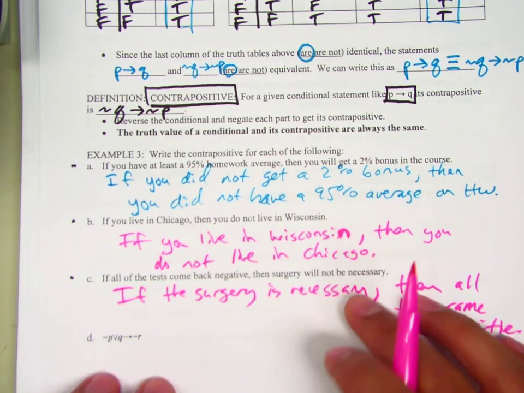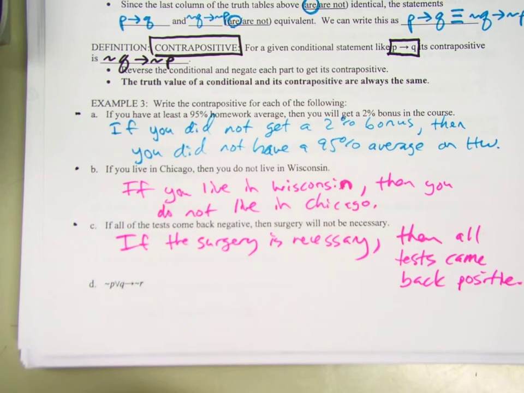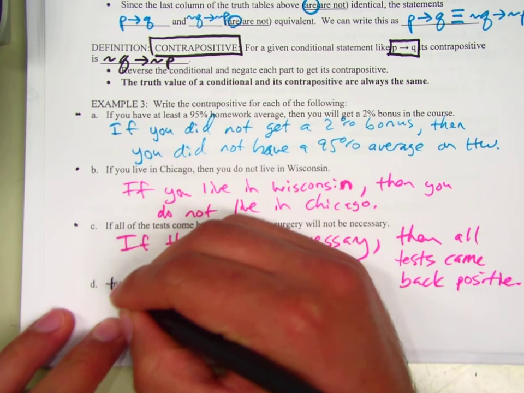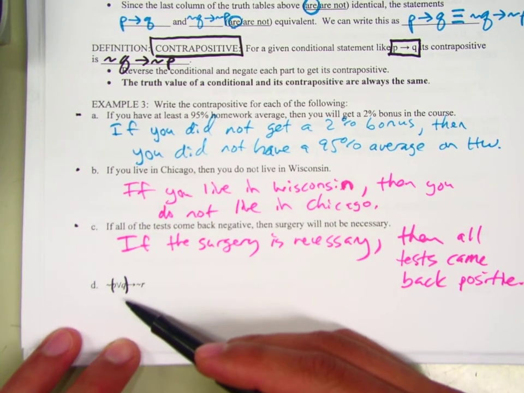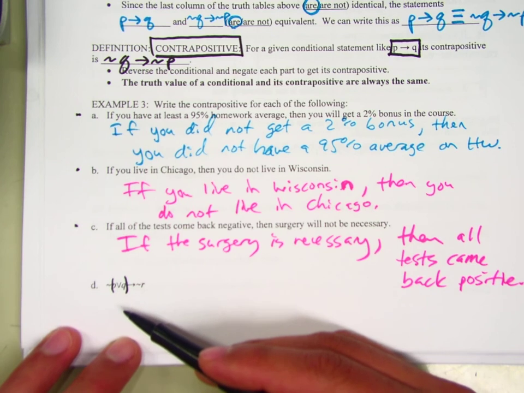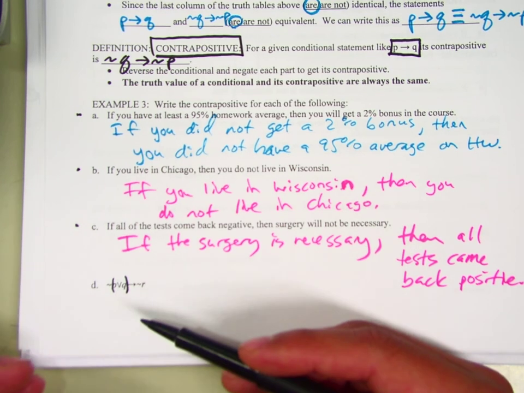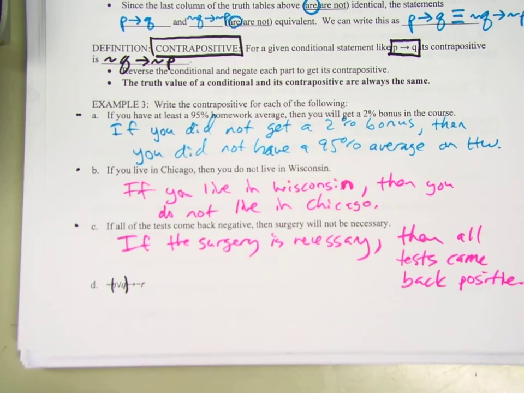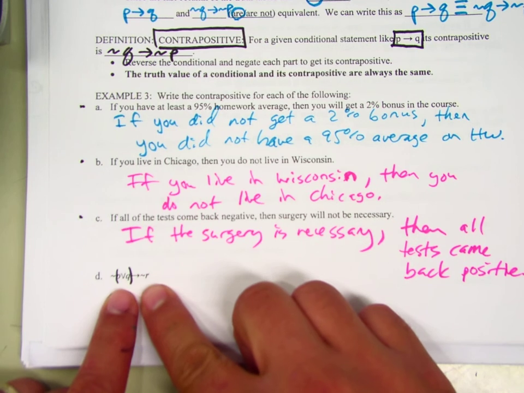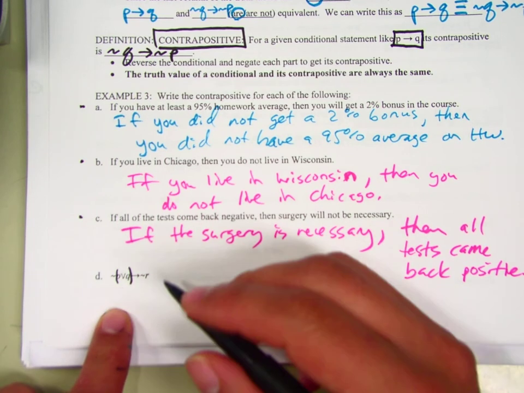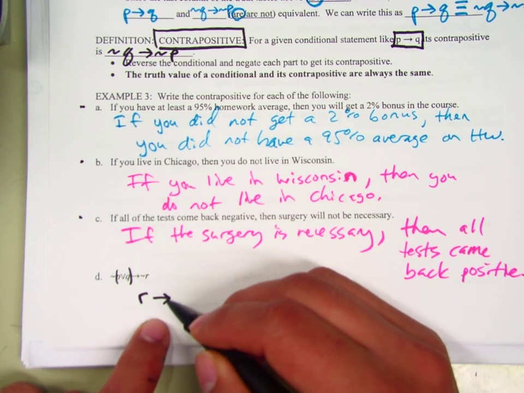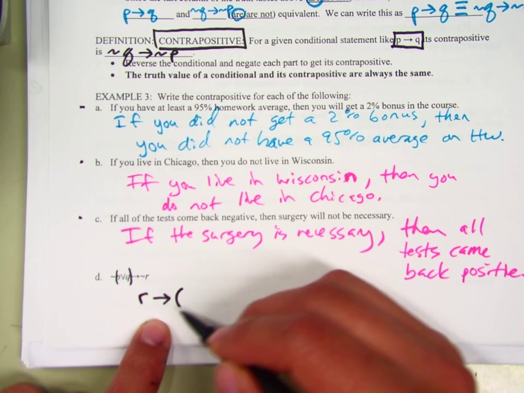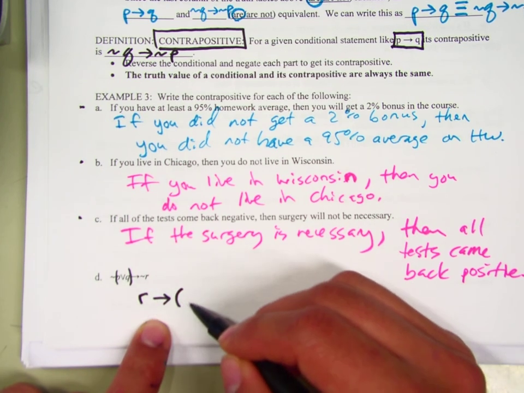Okay? And using that same formula, if you look at this example here, you're not writing out a complete sentence, you're just writing the contrapositive of the symbolic version of the statement. So if you flip these and negate them, now what comes first? R, the if-then symbol, and now what comes at the end?